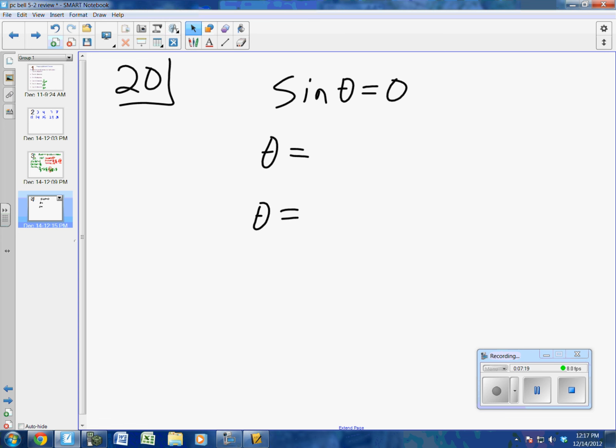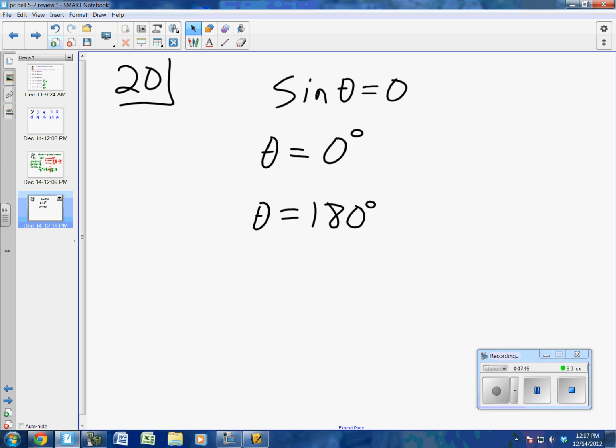Which one has a y coordinate of 0? But what, this is either 360 or 0 degrees, right? What's another one? Where else? 180. So 0 and 180 are the two answers. For 0 degrees and 180 degrees, if you took the sine of 0 degrees, you'd get 0.